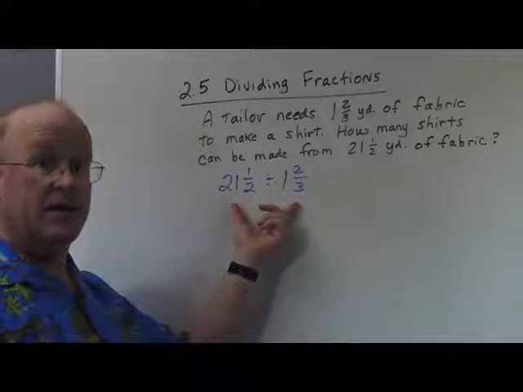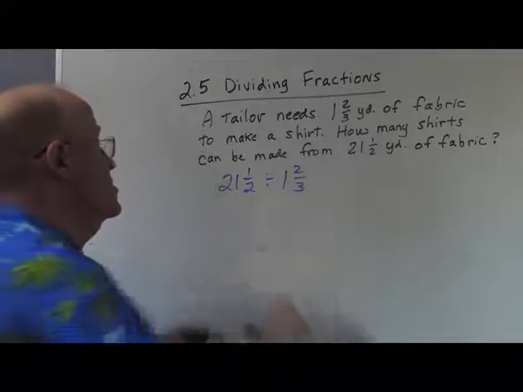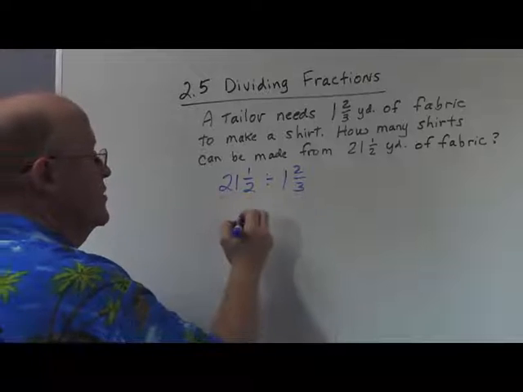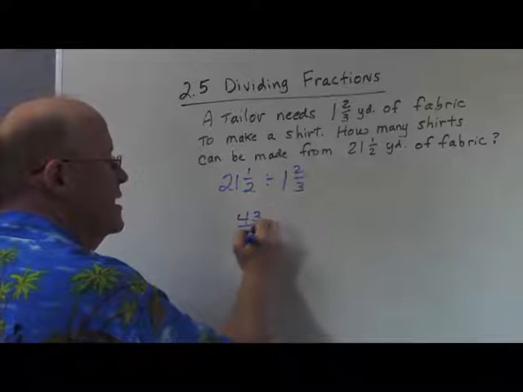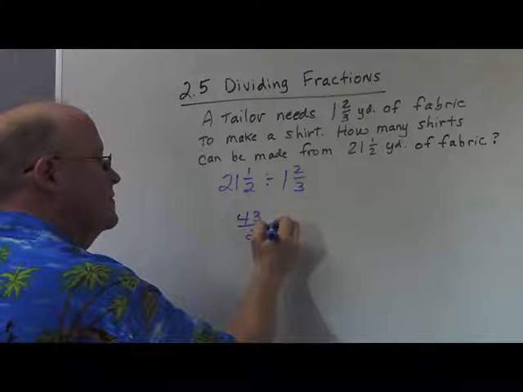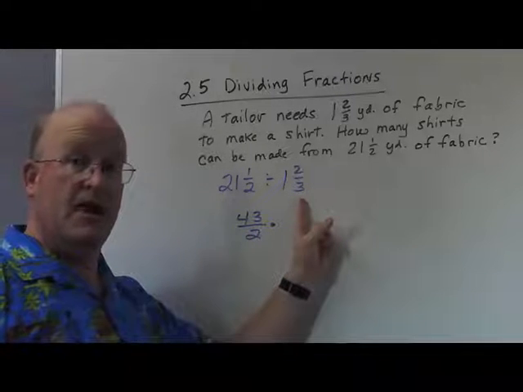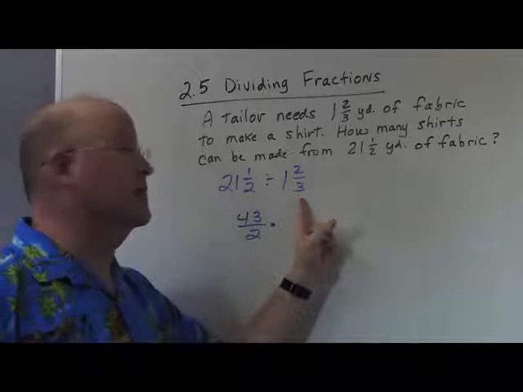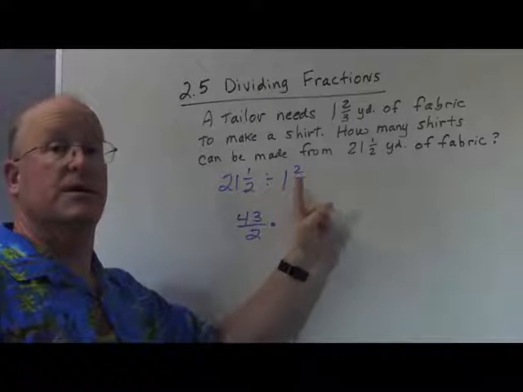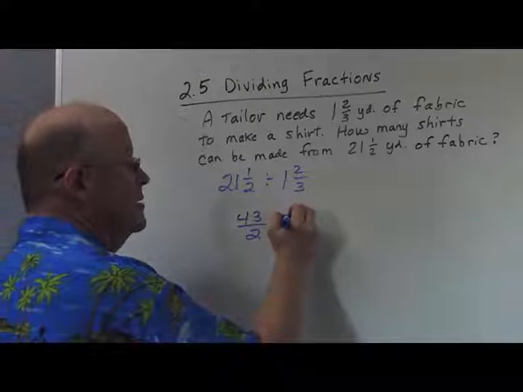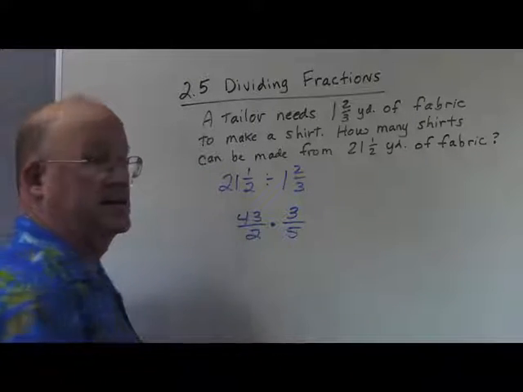Again, we need to write these as improper fractions. 2 times 21 is 42, plus 1 is 43. We're going to have 43 halves. And then I'm going to write this as multiplication, and when I convert this to the improper fraction, I will find the reciprocal automatically. 3 times 1 is 3, plus 2 is 5, so this would be 5/3, but I'm going to multiply by 3/5.